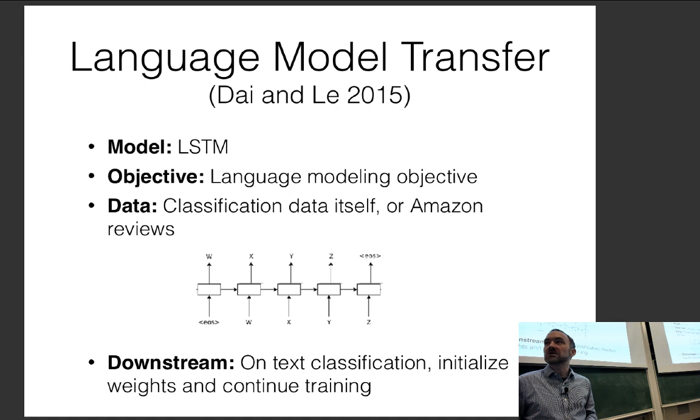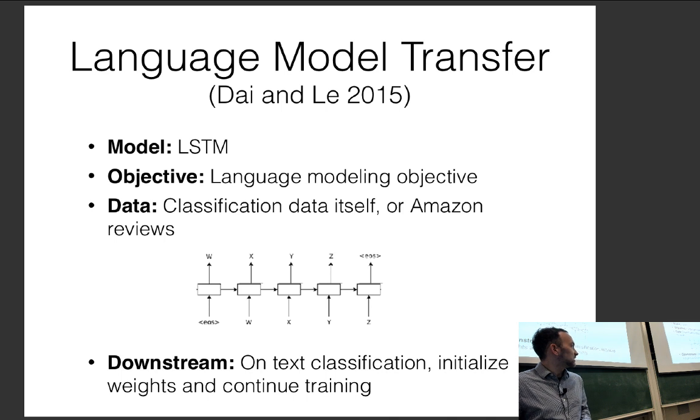And suddenly this LSTM, which was supposedly not very good for text classification, if you pre-trained it in this appropriate way, did quite well. So they showed that it beat CNN-based models, etc. Interestingly, this was the case even if they kept the data the same. So even if they kept the training data the same for the text classifier and the pre-training.